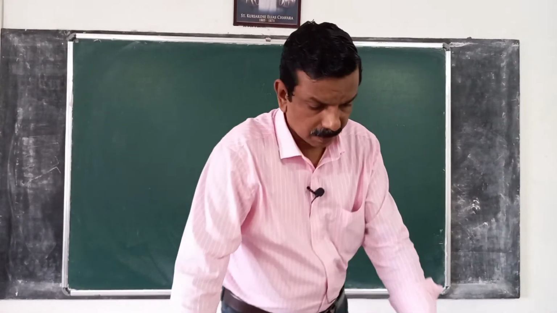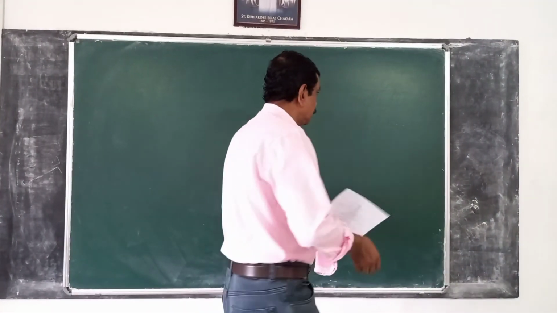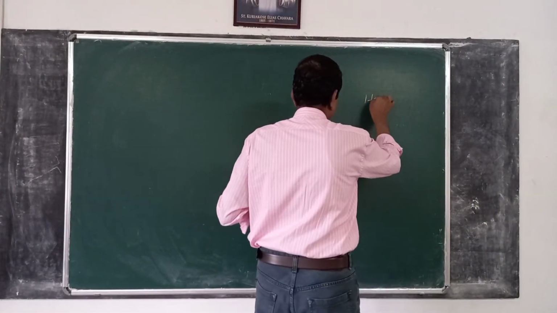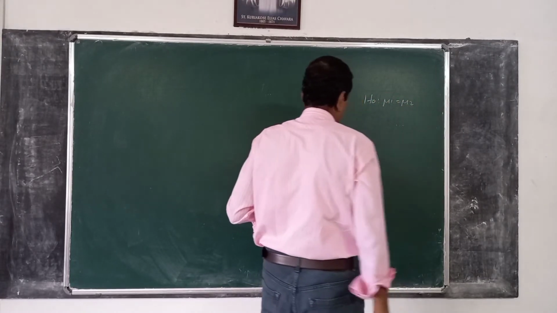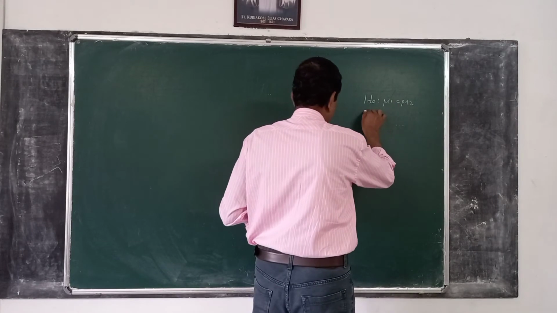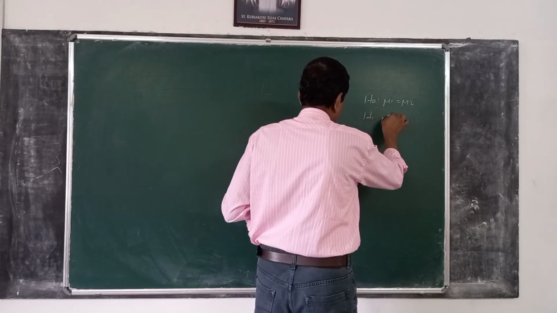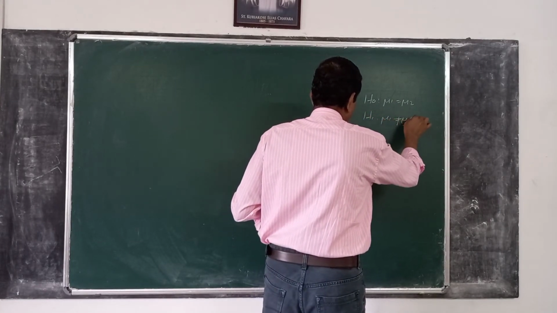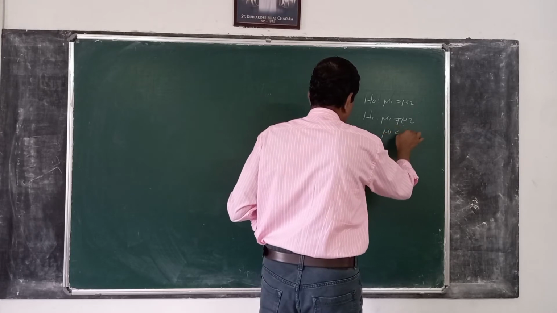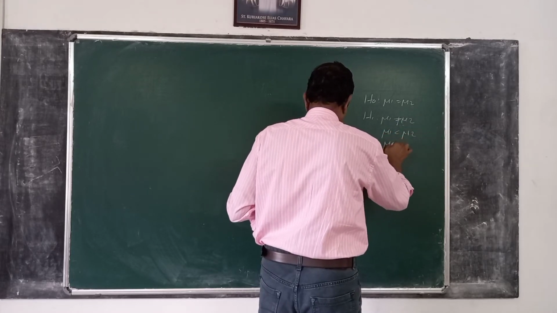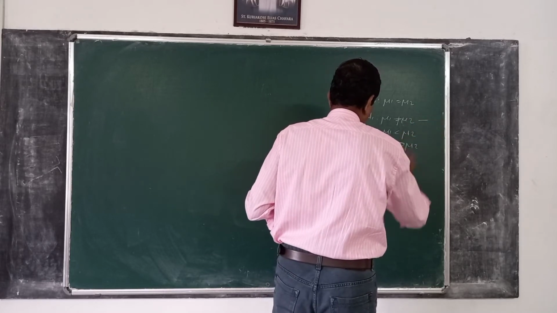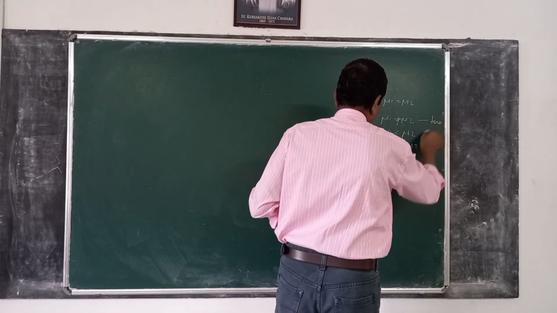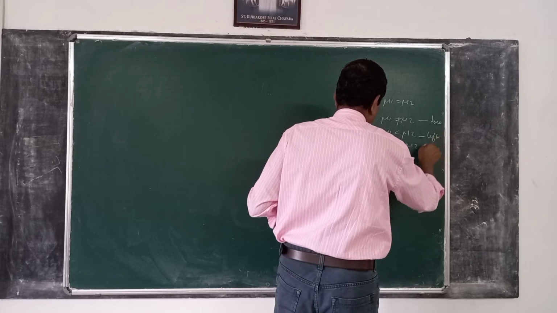Now, let me say what the steps are. H0 is mu1 equals mu2. We can test this using the median also. H1: mu1 not equal to mu2, mu1 less than mu2, or mu1 greater than mu2, that is two-tailed, left-tailed and right-tailed.